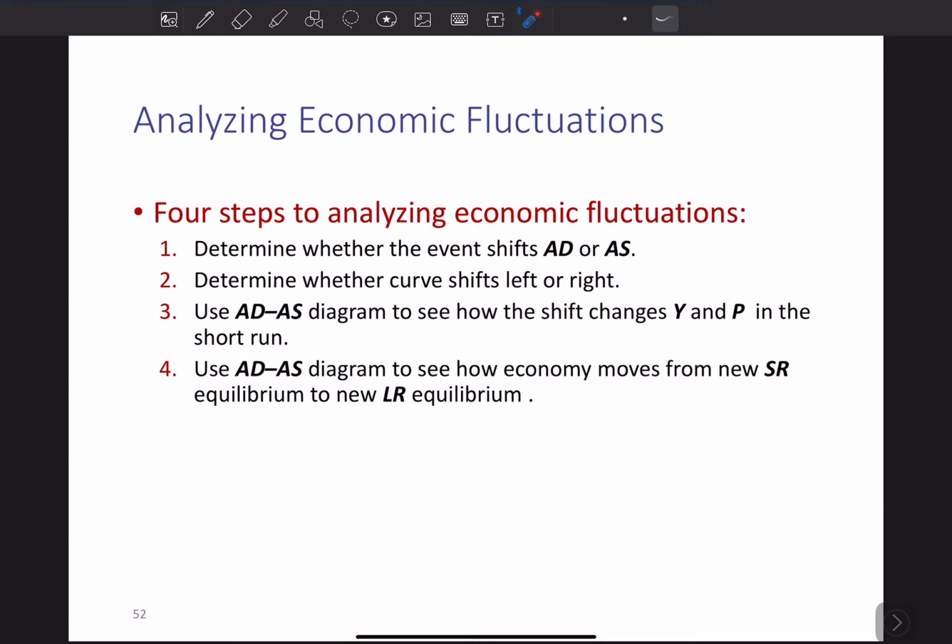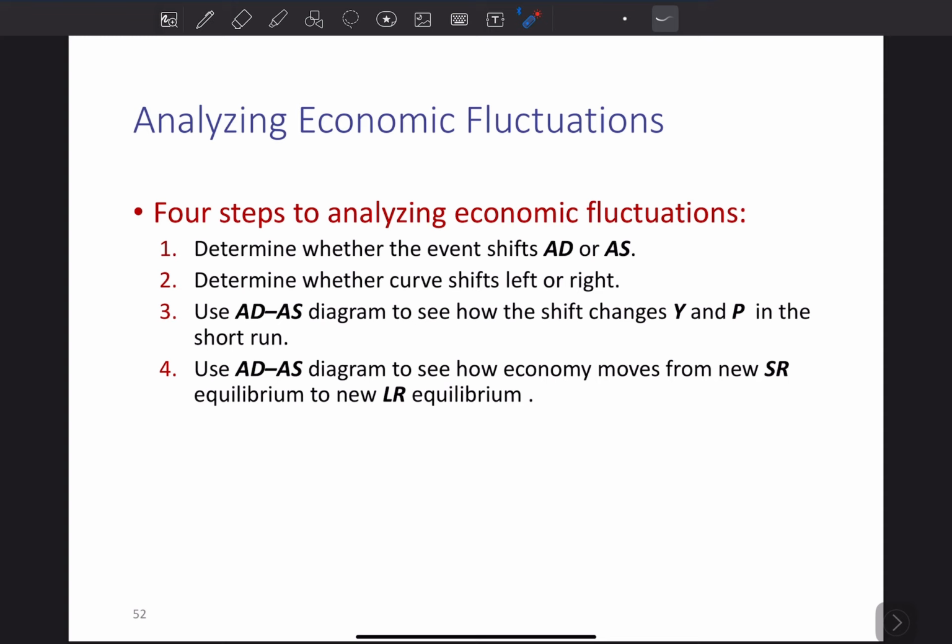First, we are going to identify which curve shifts. Does the event impact aggregate demand or aggregate supply?